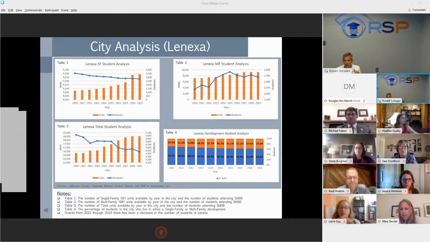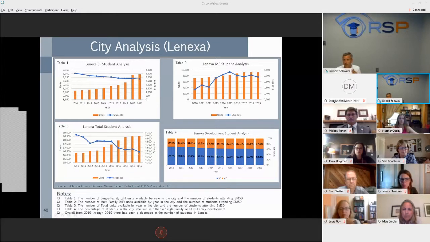We can see that over time, the number of students has kind of been up, it's down, and really oscillates quite a bit. When we look at Table 3, we can see overall, when we combine the single family and multifamily units, isolating with the city limits within the school district boundary, we can see overall from 2010, we have fewer students, almost 500 students fewer than what we saw in 2010 here in 2019.